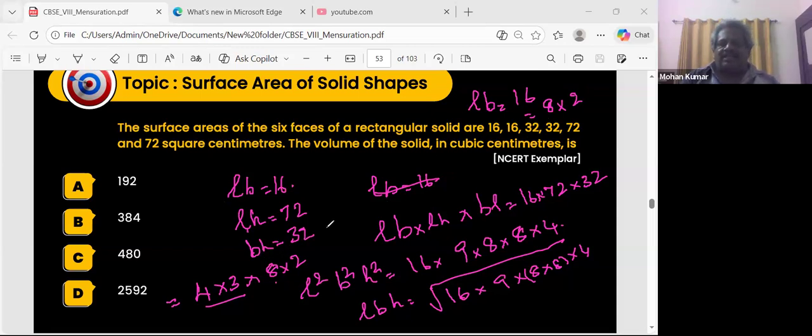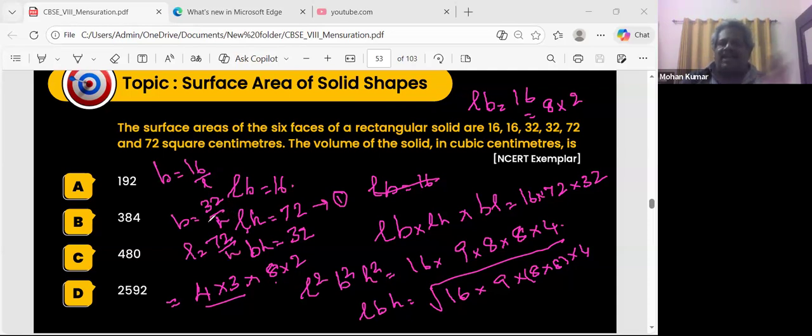Next, H is equal to, so we got it. LH is 72 is coming. So B equals 16 by L, B equals 32 by H, L equals 72 by H. Let's have a connection anywhere.